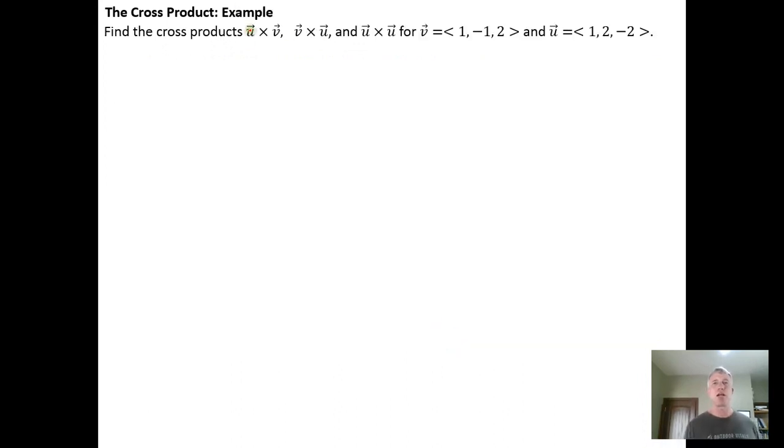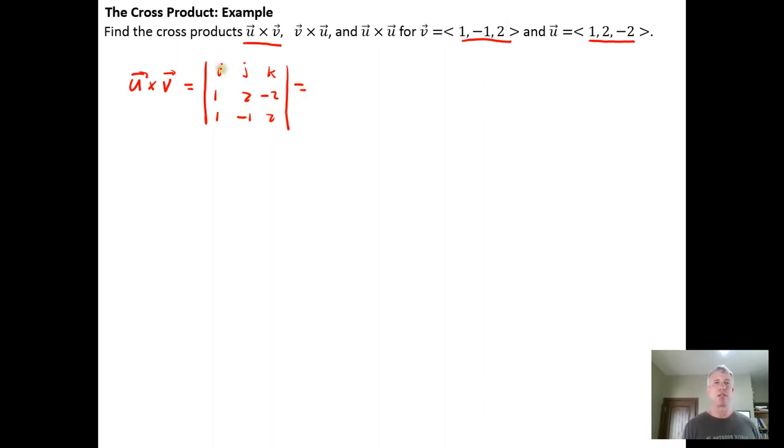So cross product calculations are pretty straightforward then. If we want to do u cross v, this is just going to equal the determinant. We put i, j, and k, and then we take the components from u, and u has components 1, 2, negative 2, and we take the components from v, 1, negative 1, 2, and we calculate this determinant.